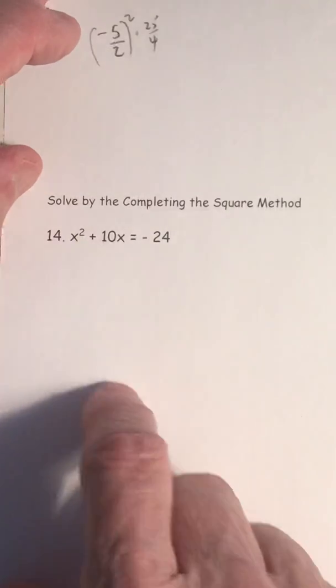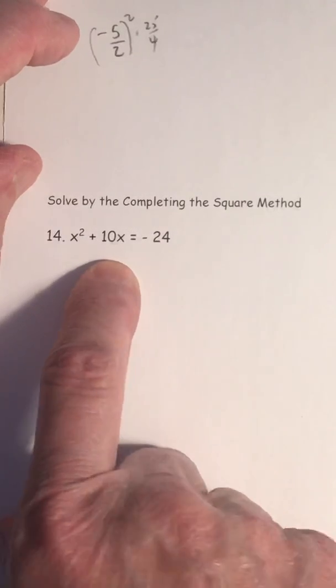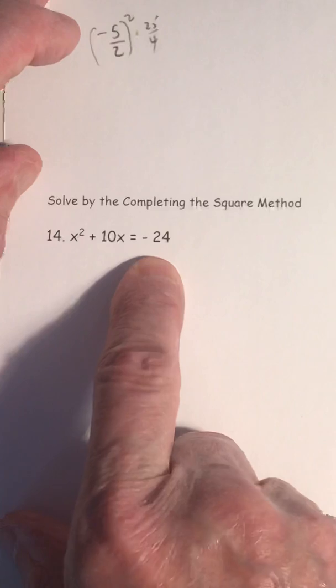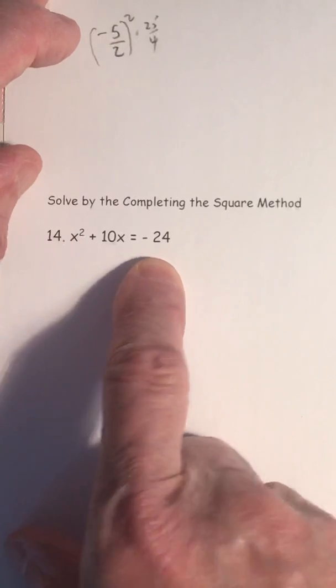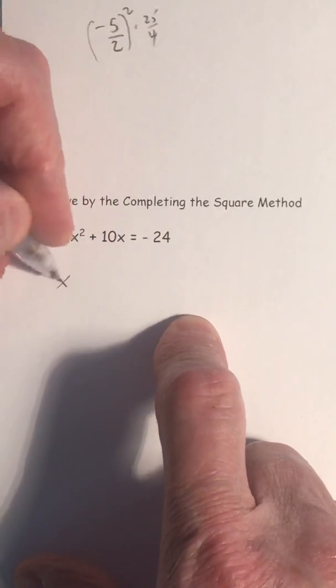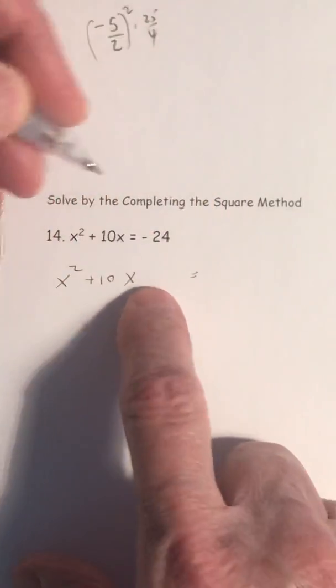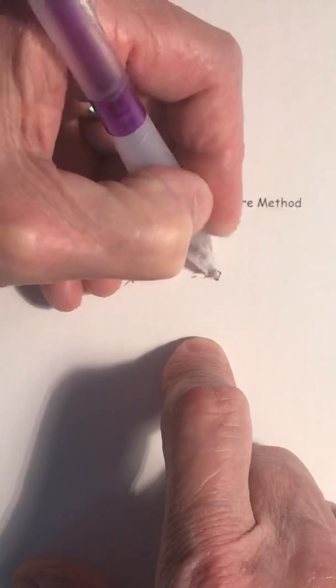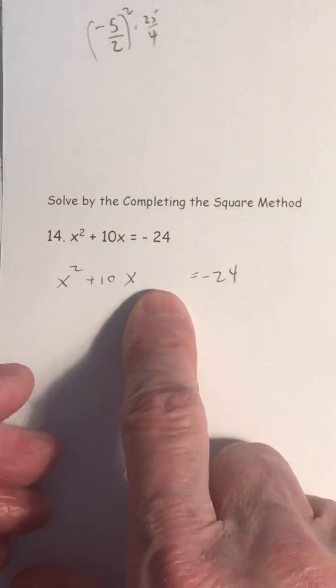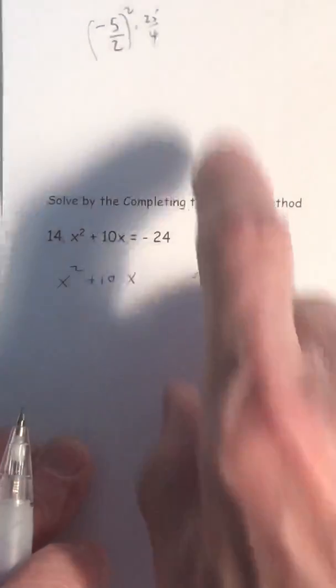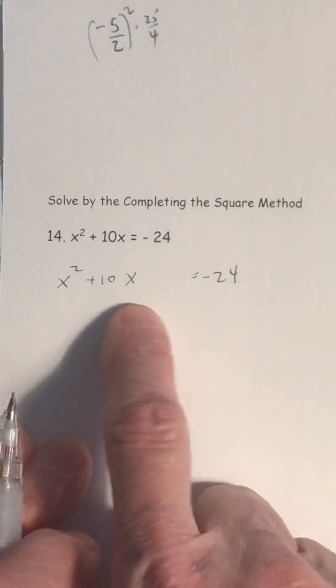So, solving by completing the square, we start like this. We have our x terms on one side of the equal sign and any constants on the other side. And then the first thing to do is make some physical space right here so that we can add something. And what are we going to add? The same idea as we applied up above.